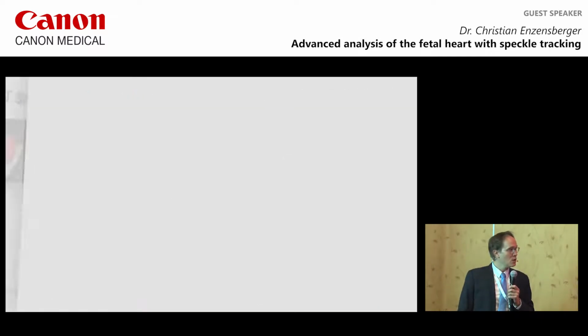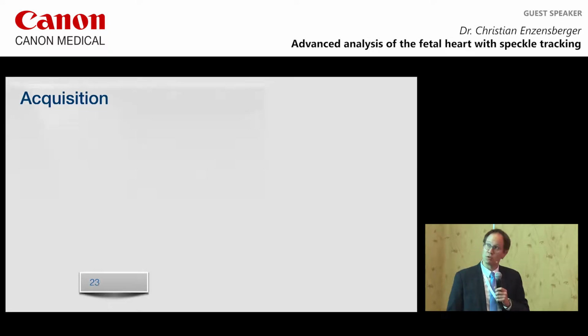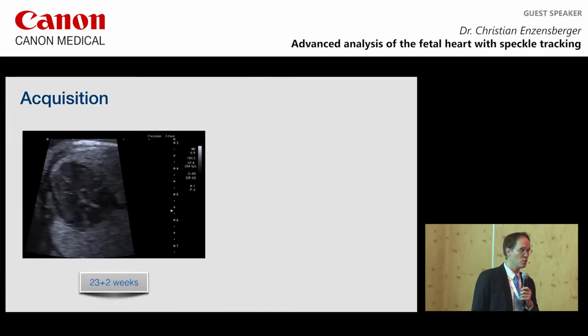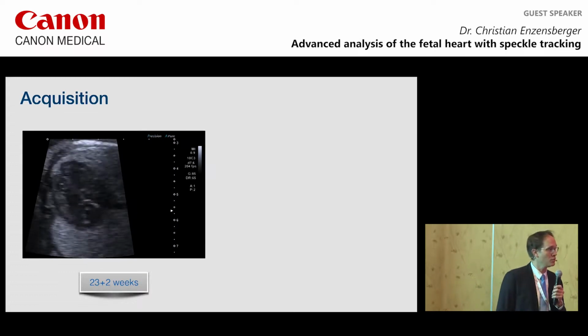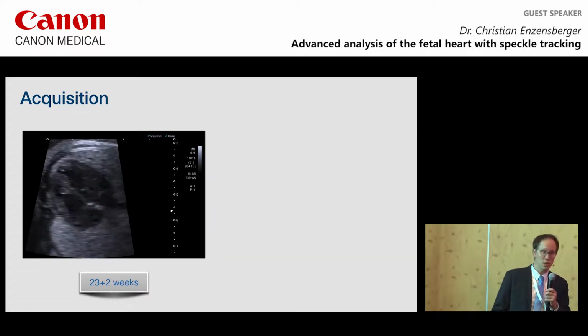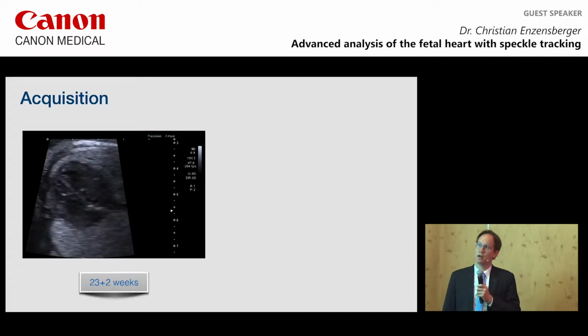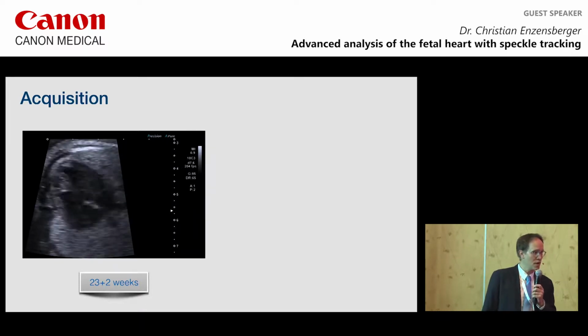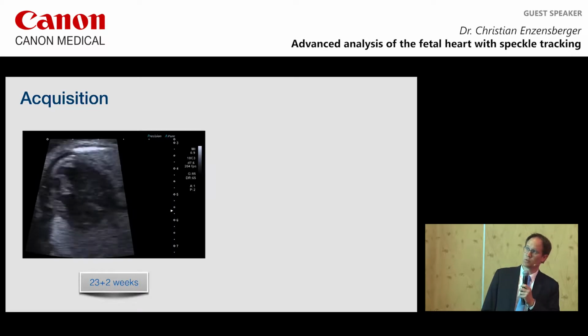So, speckle tracking, how can we get to all these results? I want to show it here. This is 24 weeks of gestation. The basis of your acquisition is obviously always a four-chamber view. We think that it might be a good idea to get it from either a basal or an apical four-chamber view.